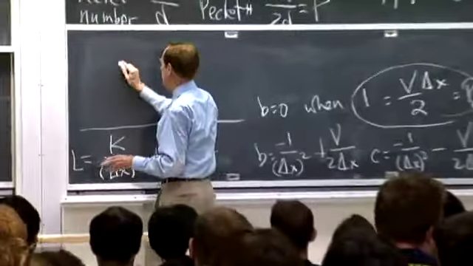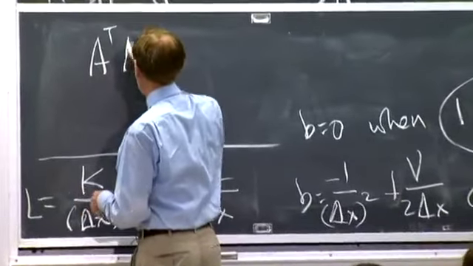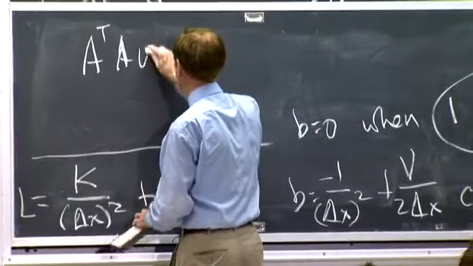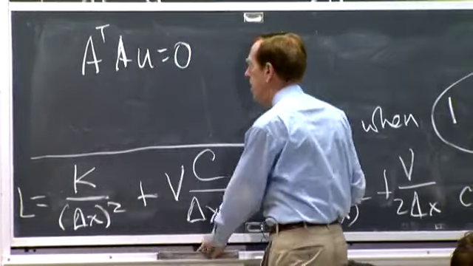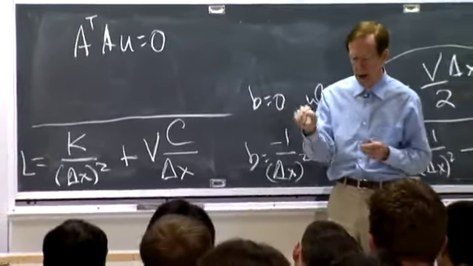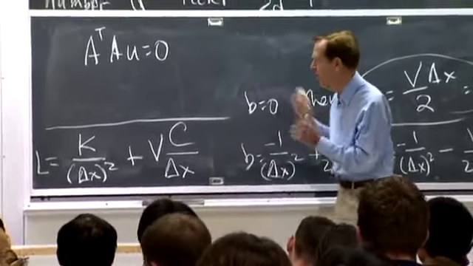So if it's not invertible, if some A transpose A u is 0, this is always the risk that we have to check out and be sure we don't have and understand.